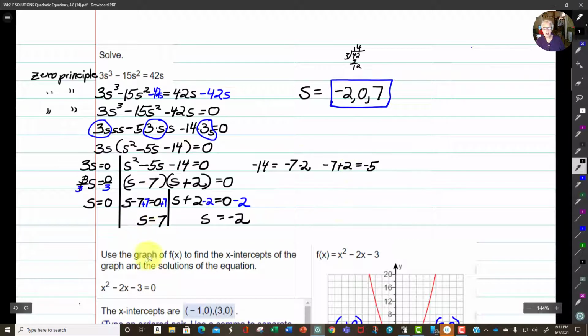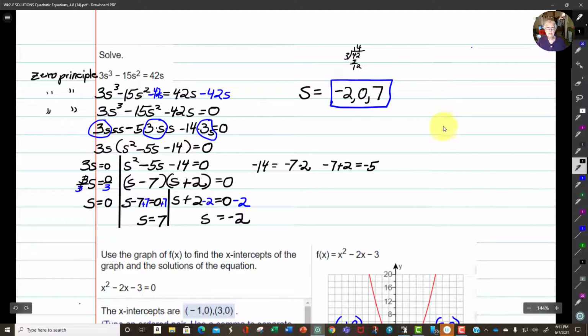And that gives us our answers right here. I was going to say 2 solutions, but no, I was about to forget the 0. Our solutions are negative 2, 0, and 7.